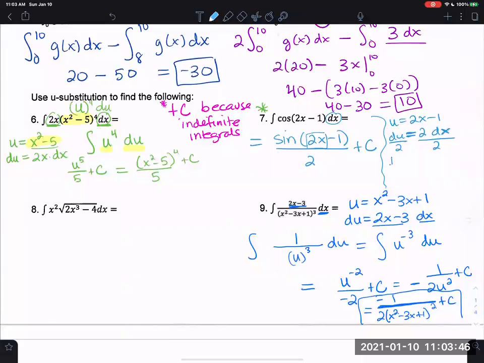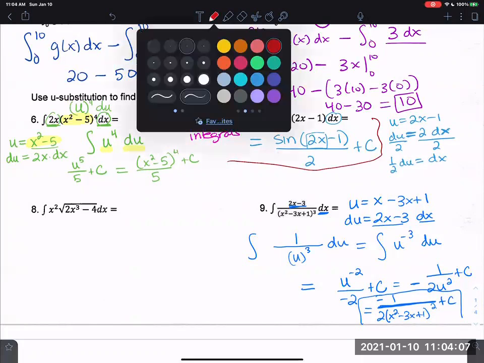So that means 1/2 du equals dx. Okay, so how does the replacement work then? So what I'll do is, I'm going to get rid of that. Let me make it a brighter color. So I'm going to continue my work over here.